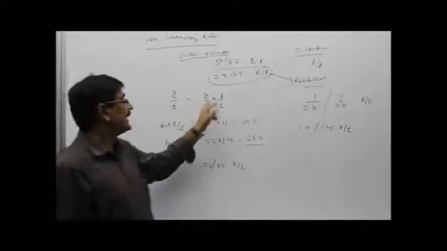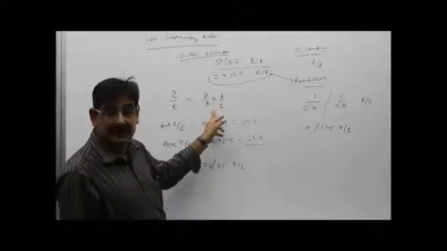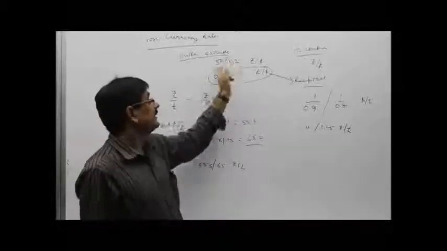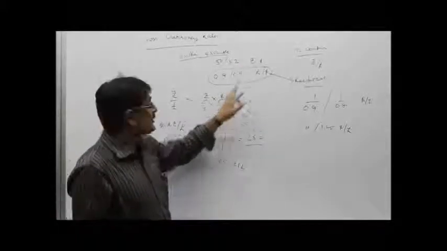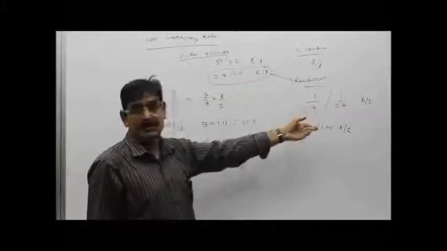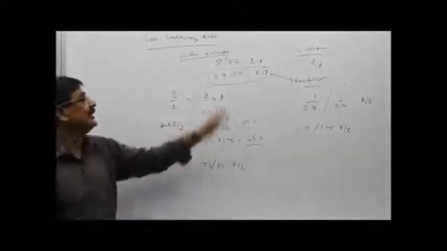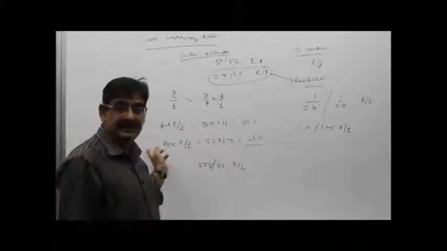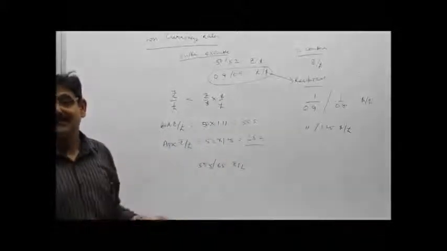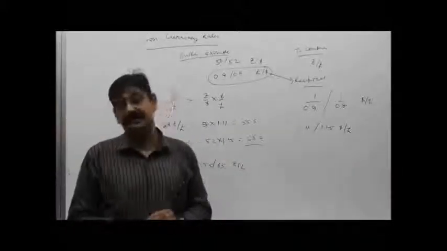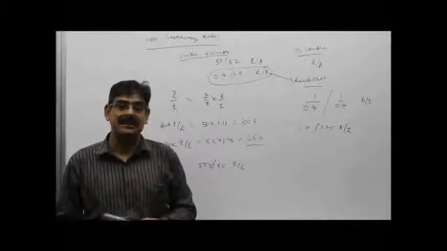Then you need to see whether the rupee per dollar rates are available. Yes, available. Dollar per pound available? Not available. So first make a cross currency of it, dollar per pound. And then applying the chain rule, bid into bid gives the bid, ask into ask gives the ask. You'll be surprised to see that these simple questions have been so frequently asked in the examination.